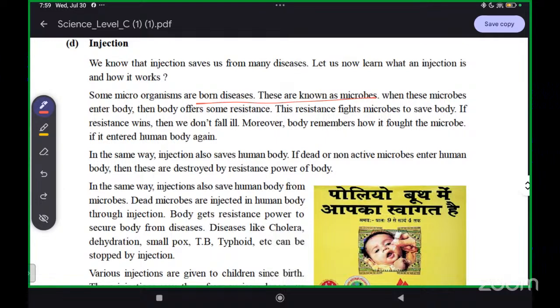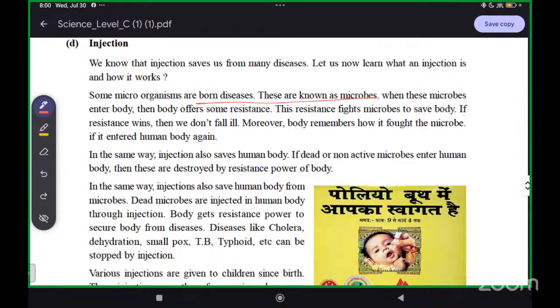Remember, I taught you all when I was doing the composition of blood in the previous lessons. There are three components: red blood cells, white blood cells, and platelets, or plasma. And the white blood cells are the protectors of the body from the inside. They fight the diseases and the disease causing microbes.